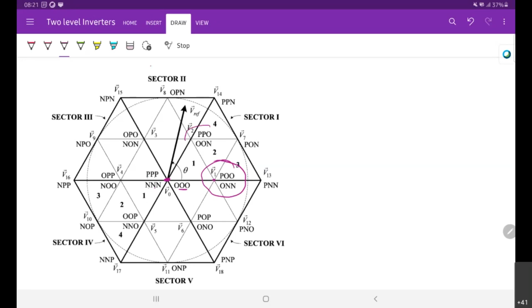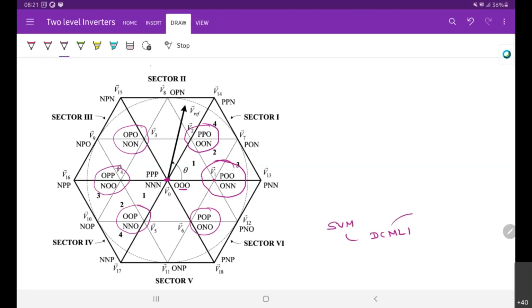Similarly, here there are two switching states. So we have some redundancy for zero vectors and small vectors, whereas for medium vectors there is no redundancy. There is an advantage when you use SVM for a diode clamped multilevel inverter.